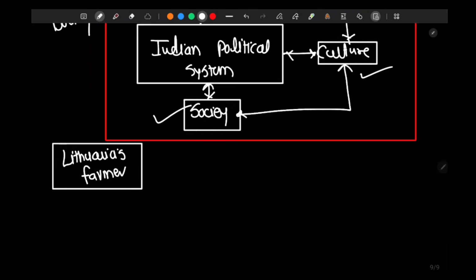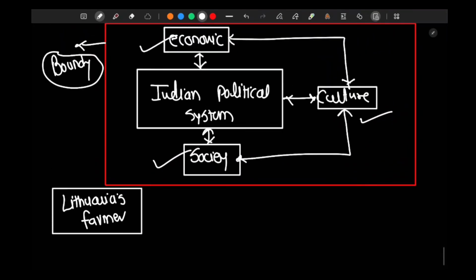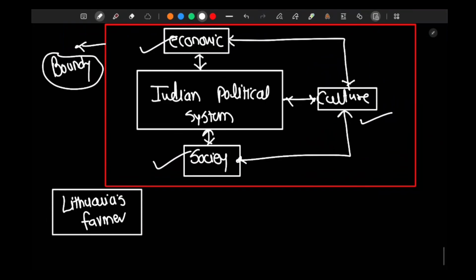What impact does this farmer have on the Indian political system? Close to none, right? Such factors which do not impact a particular system belong to the boundary.